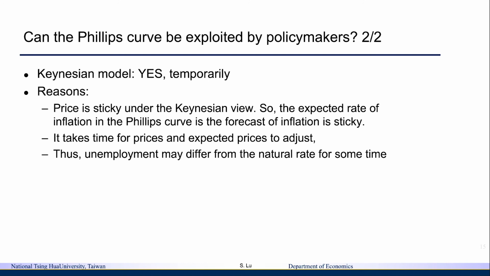Therefore, the expected inflation rate can deviate from the actual inflation rate. So the gap between the inflation rate and the expected inflation rate can remain for a relatively longer time. Because of that, the policymaker will be able to take advantage of this gap and perturb the unemployment rate.